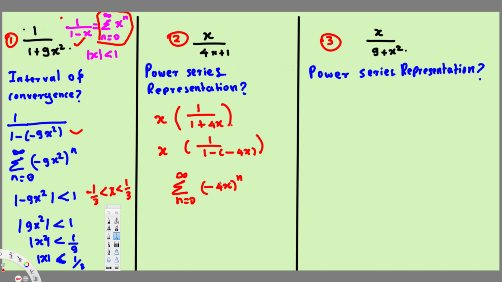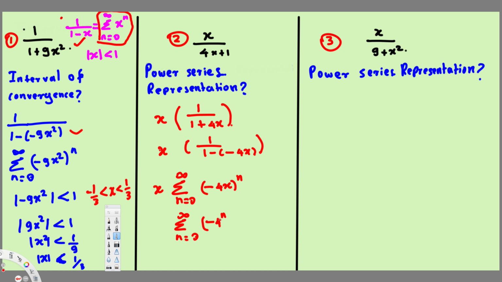So this is the power series representation, but since we have an x value outside of this kind of pattern, we have to multiply this by x. So x comes in front. Now let's see how we can bring this x to this side and combine together. This is going to be n equals 0 to infinity, and we can write this as minus 4 to the power n.